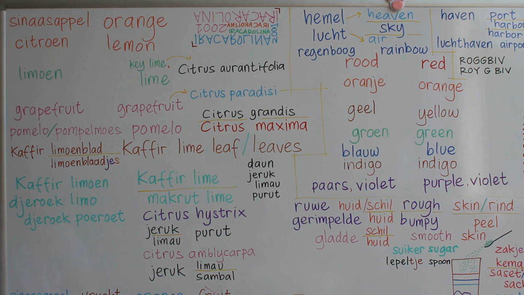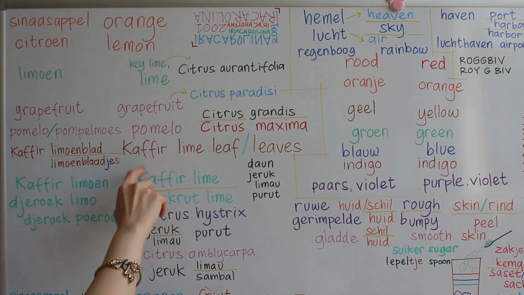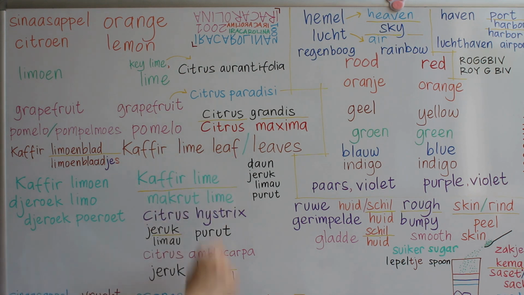In Indonesian cuisine, sometimes we say orange leaf, but it's not from orange, it's from Kaffir lime or makrut lime, the leaf or leaves. That's why we say Kaffir lime leaf, or leaves if it's more than one.